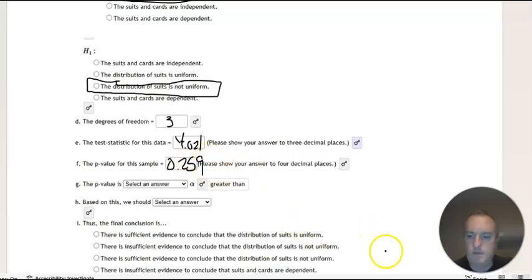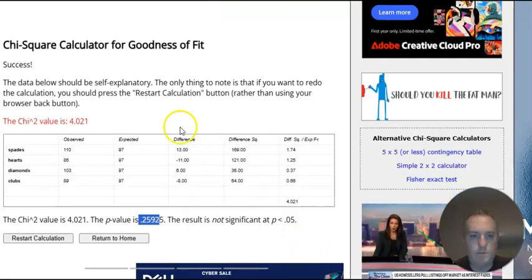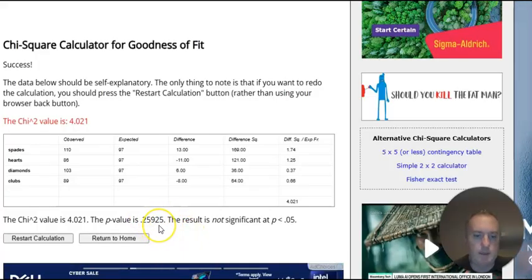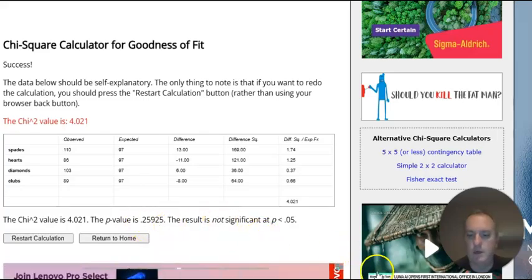We want to round to 4 decimals, so that 2 is going to round up to a 3, 0.2593.